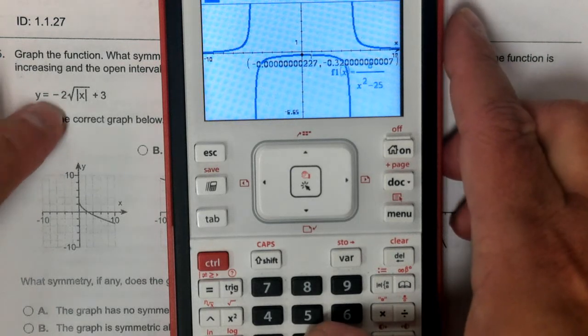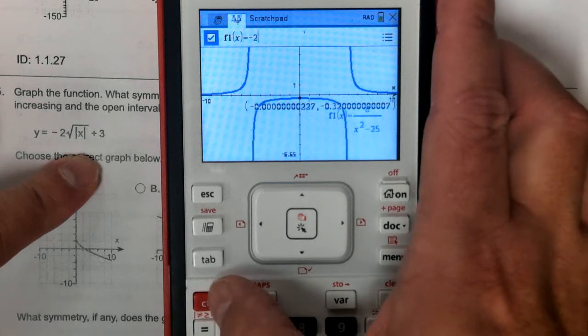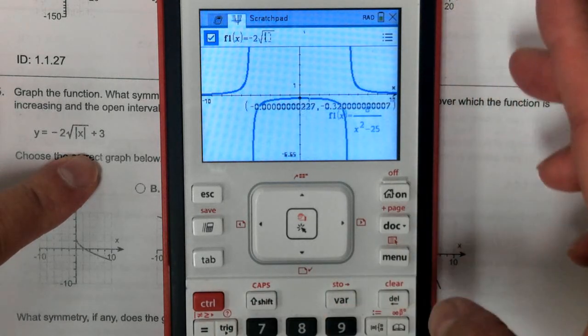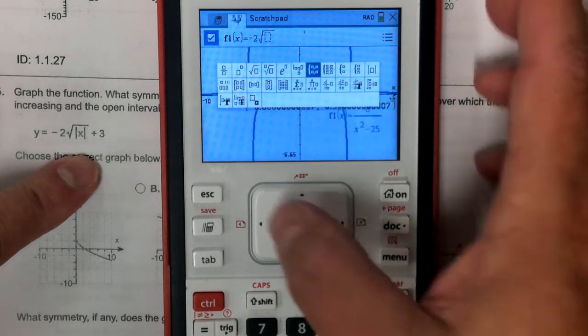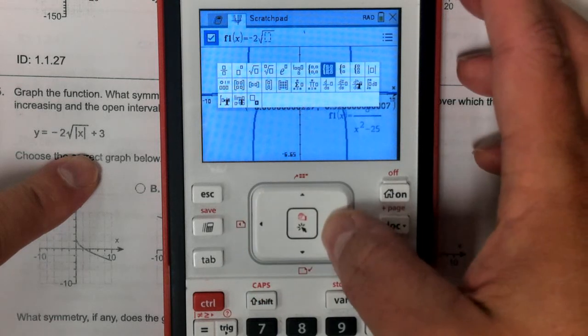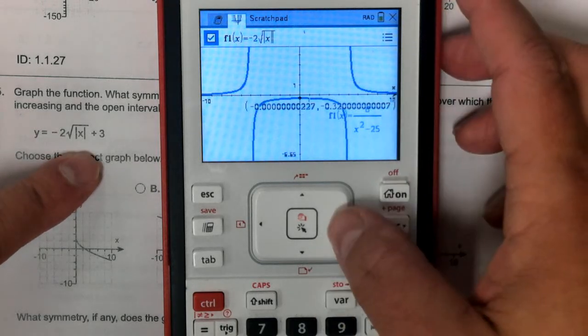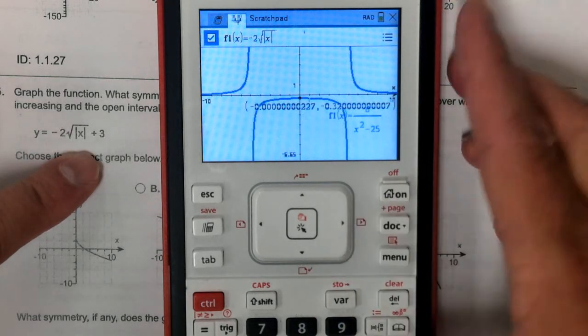Negative 2 in front, square root, absolute value, x, and then outside of this, plus 3.